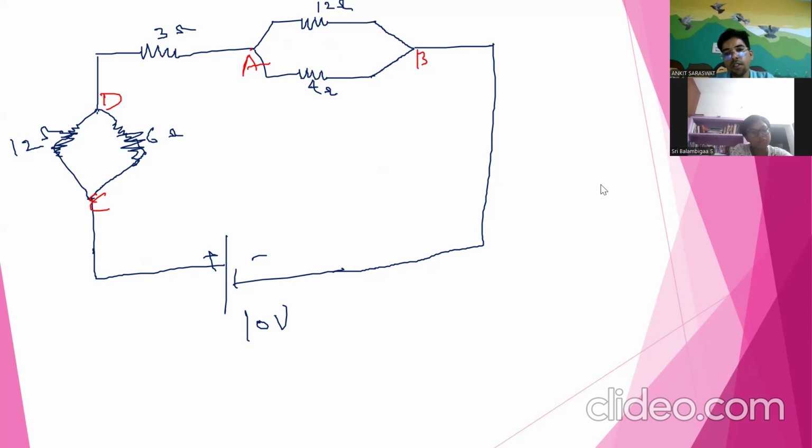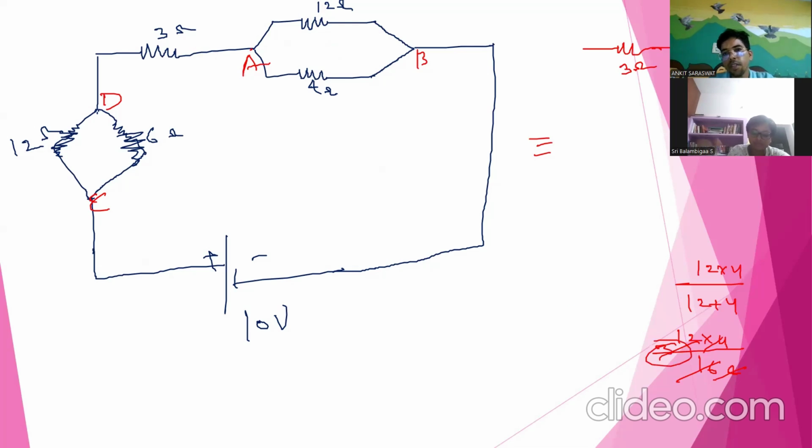I will draw the equivalent circuit. 12, 4, how much? Why are you taking much time? Simply 12 into 4 by 12 plus 4. I got that, but I was not sure if it was correct. Okay, no problem. 12 into 4 by 12 plus 4, 16. 4 4s are 16, 4 3s are 12. The answer is 3 ohm.